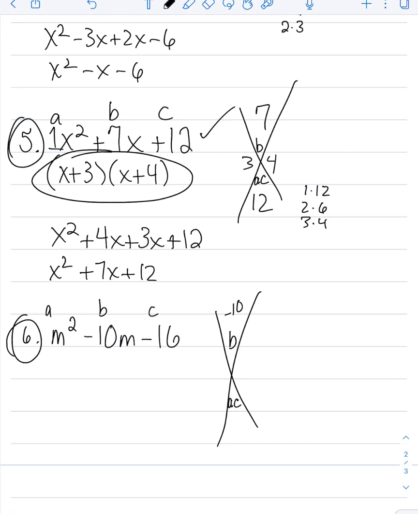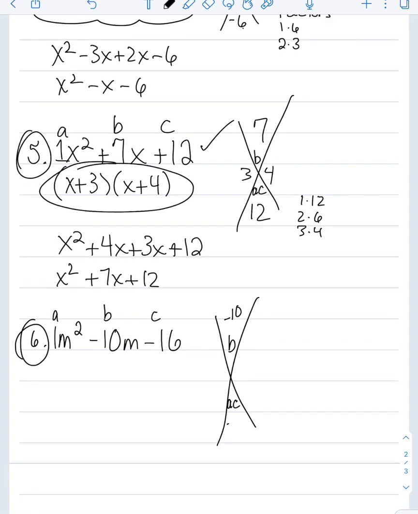And A, which is 1, times negative 16, is negative 16. So first let's find our factors of 16. We have 1 times 16, 2 times 8, and 4 times 4. So out of these, which ones will add or subtract to give us 10? Well, that's going to be 2 and 8.